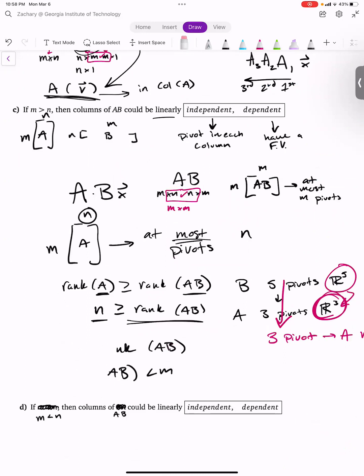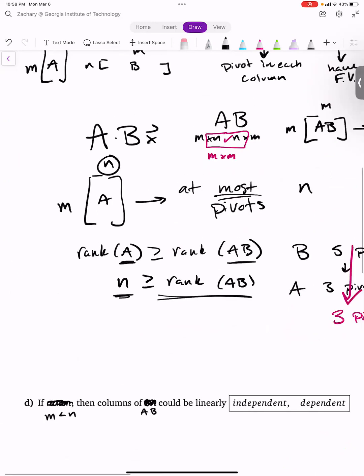I apologize. M is greater than N. What we're concerned with is this, right?